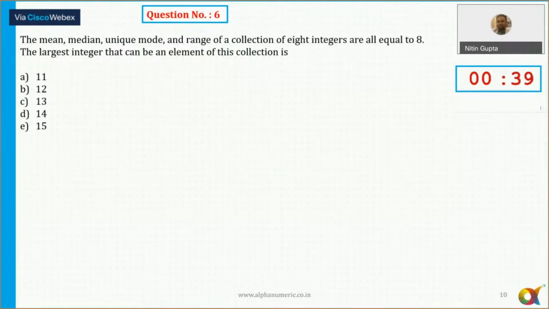Very interesting question. Rohit is saying option B. We'll check that, Rohit, just wait.